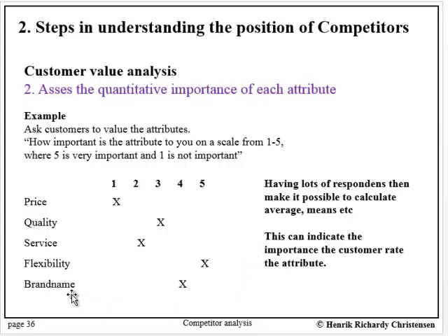And this is quite interesting, because when we have the customers' importance rating of those attributes, we can start to compare those with the performance of both our company and our competitors. So let's try to take a closer look at that situation.